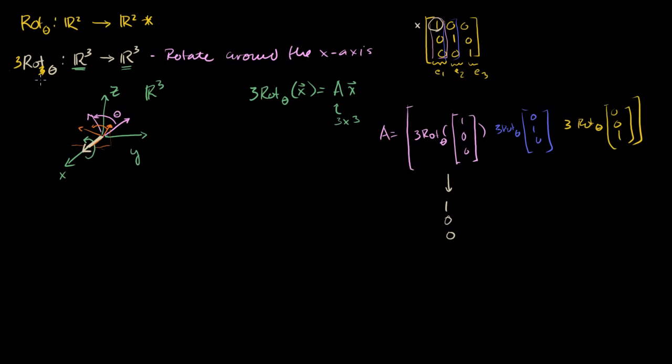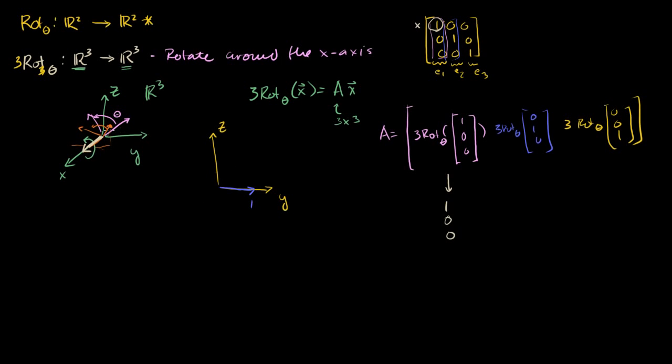To do these, let me just draw my z-y axis. So that's my z-axis, and this is my y-axis right here. Now, this basis vector just goes in the y direction by 1. So this basis vector just looks like that, and it has a length of 1.